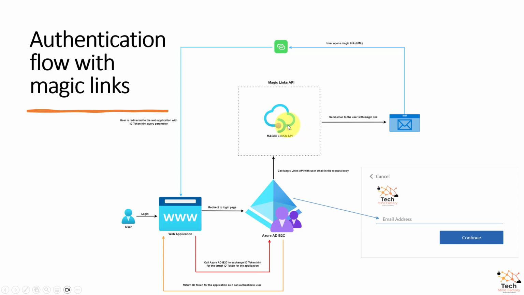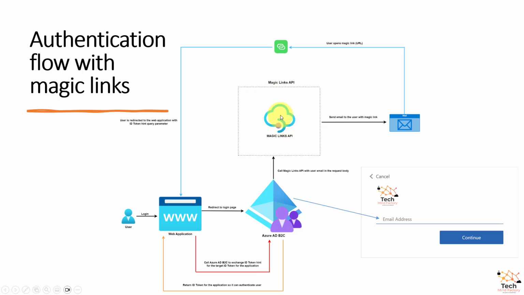Obviously, we can add more claims if needed. And the good practice is also to check whether the user exists or not, because if the user does not exist, we don't want to send this magic link. Once the JWT token claims are ready, we also have to sign this ID token hint. We will talk about signing more in this video in a minute, but it has to be signed.